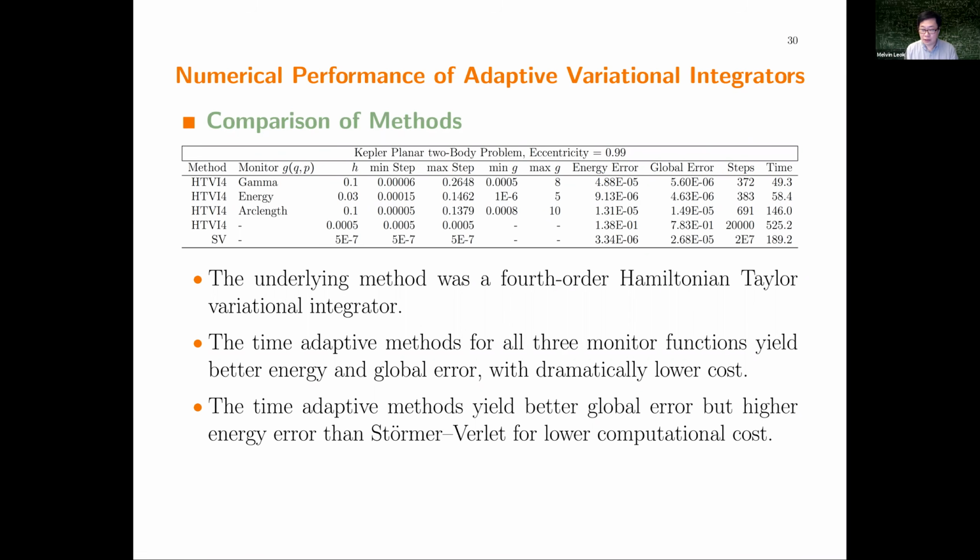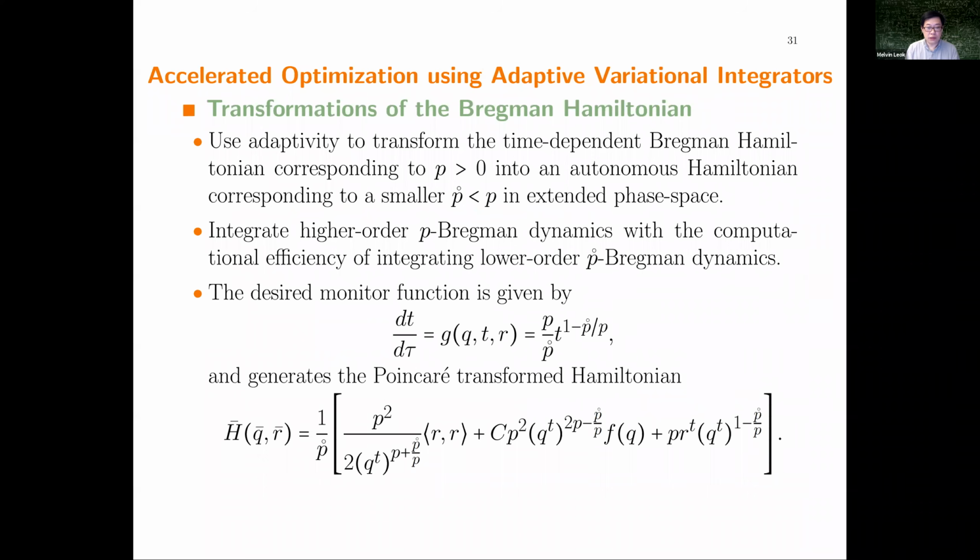Okay. Having said that, for the application to the Bregman Hamiltonian, there is a very natural rescaling of the problem. Basically, there's a rescaling from P Bregman dynamics to P0 Bregman dynamics, and the rescaling is the obvious one because you know that in both cases there's this convergence at 1/t to the P to the minimizer.